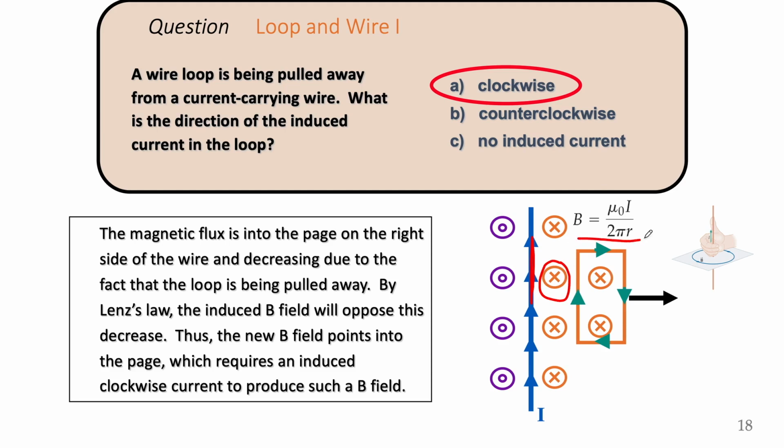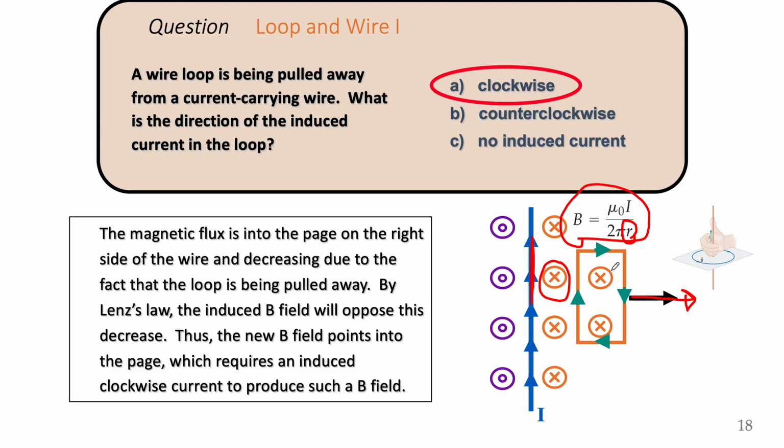And there's one more thing. If you remember from the earlier lectures, the magnetic field that this wire creates decreases with R. Now as this loop moves to the right, the area is not changing, the angle is not changing, but the strength of the magnetic field decreases, because the field created by this wire decreases as 1 over R. So the flux is decreasing, and the magnetic field is into the page.